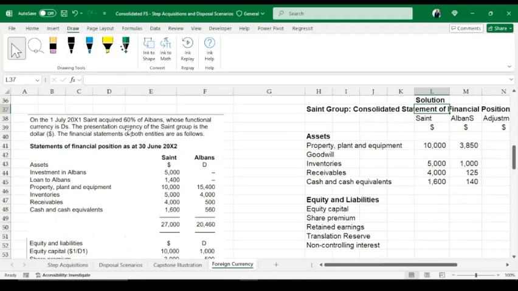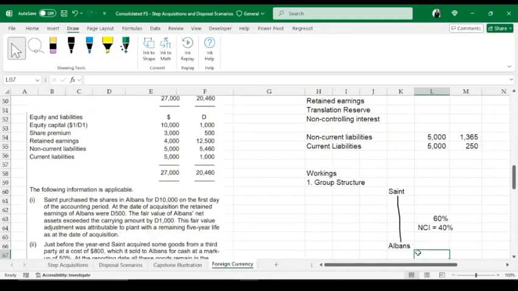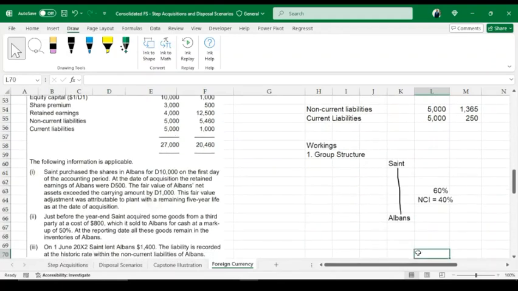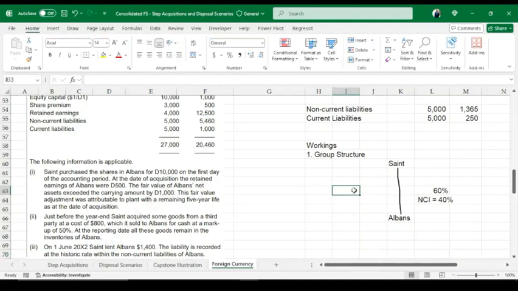So that is the date of acquisition. The date of acquisition is very important for us to determine the post-acquisition results of the subsidiary so that we can consolidate those post-acquisition results.